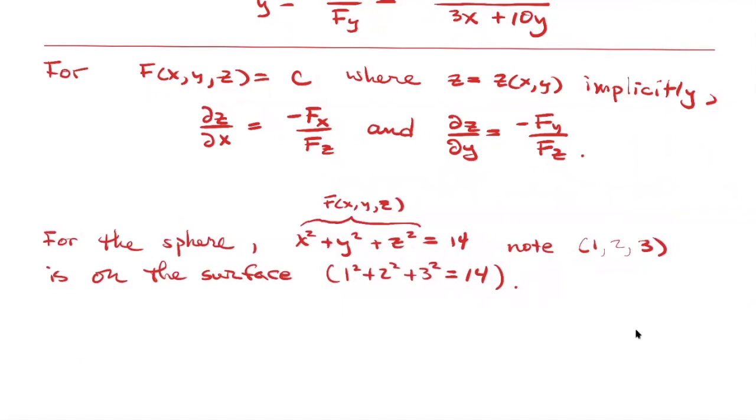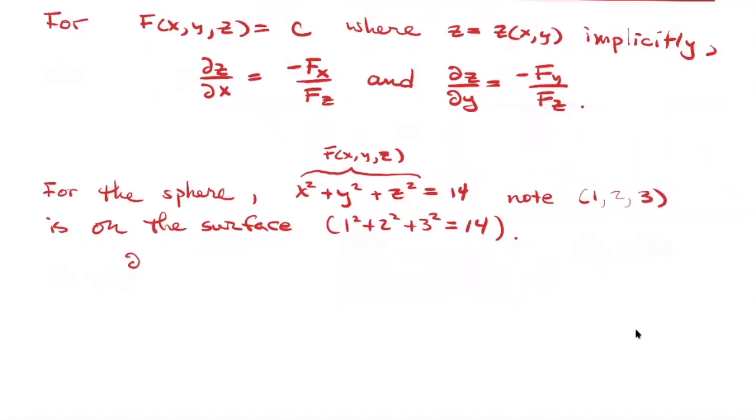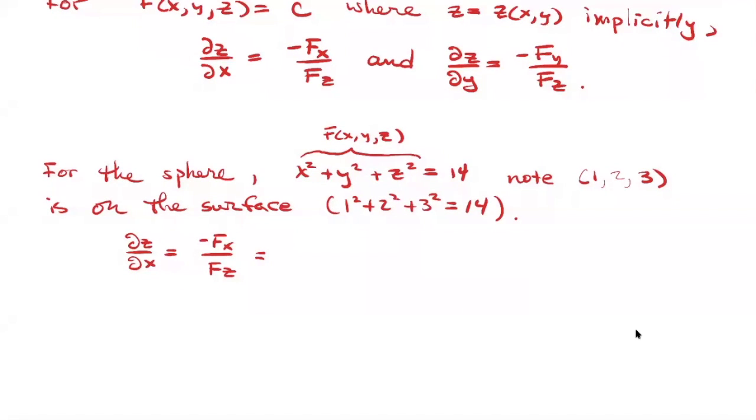And so the partial of z with respect to x would be negative Fx over Fz. So negative Fx would be negative 2x. Fz is 2z, so that's over 2z. So this is just negative x over z.